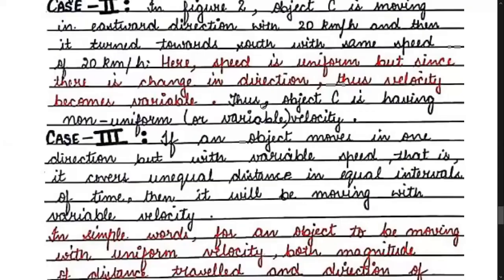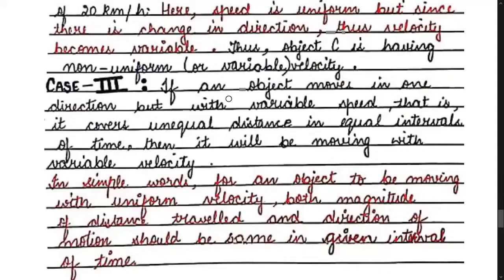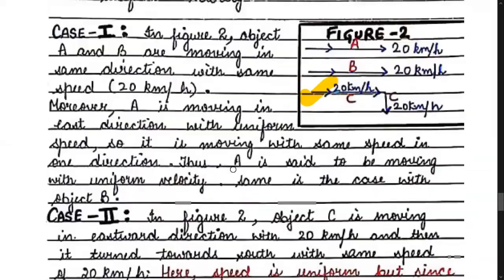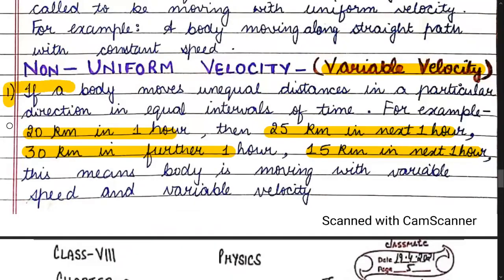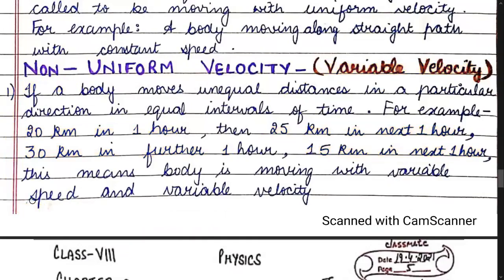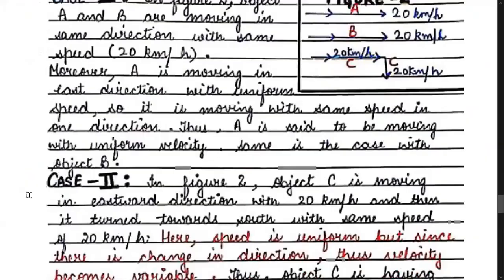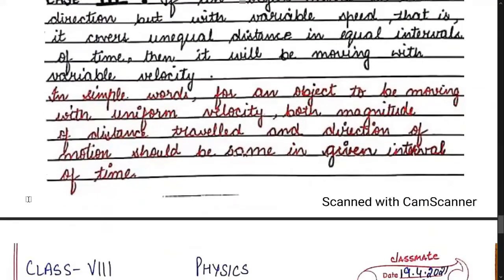Moreover, in case 3, children, if an object moves in one direction but with unequal speed, as we discussed in case 1 here, it is moving in one direction but the speed is changing. Then again, the velocity will be variable.